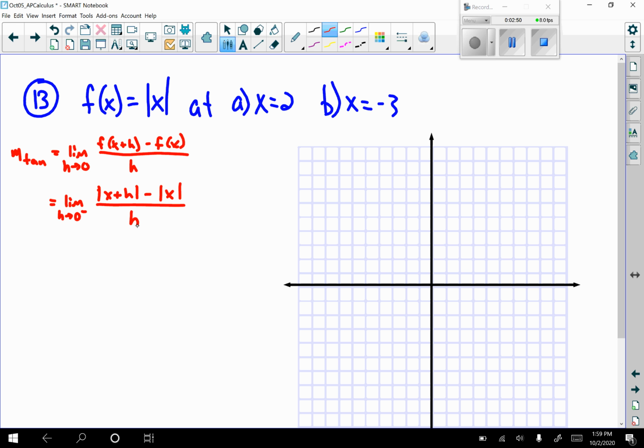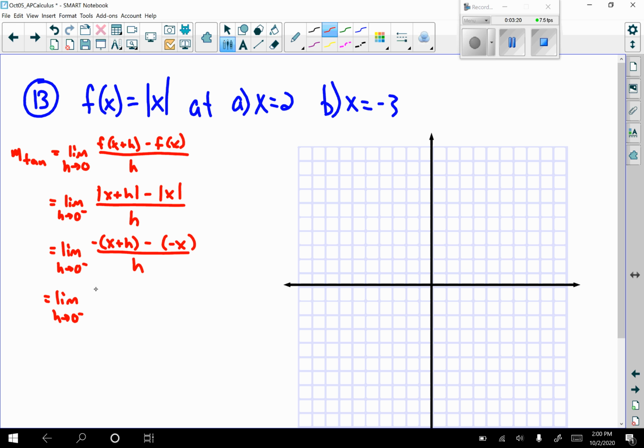When we're to the left of 0, we're looking at negative numbers, and if you take the absolute value of a negative number, it turns into its opposite. So as h is approaching 0 from the left, the absolute value of x plus h is behaving like the opposite of x plus h, and then minus the opposite of x, all over h.